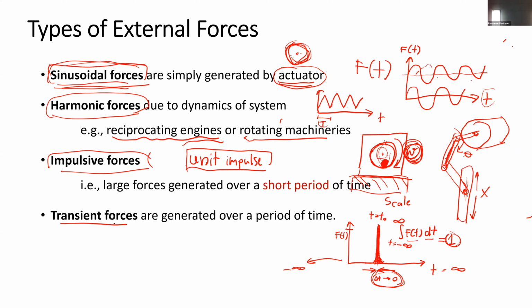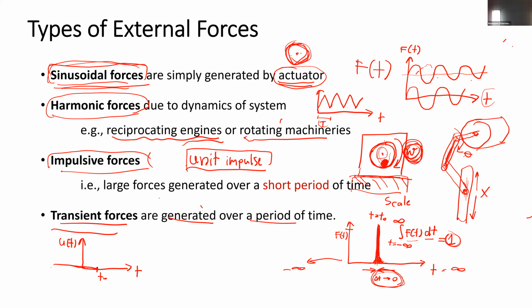A transient force is a force that generates over a period of time. A transient force can be a kind of step. The step means before t equal to t0, the force is 0.